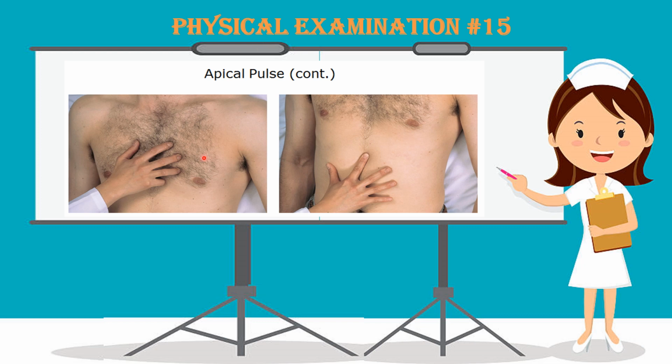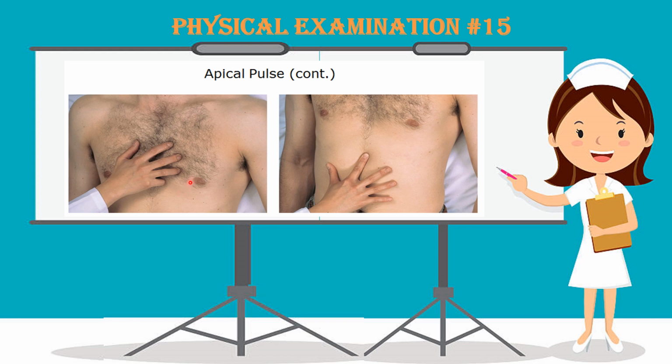The right ventricular area of the heart usually is located on the left sternal border in the third, fourth, and fifth intercostal spaces. The patient should rest supine at 30 degrees, and you place the tips of your curved fingers in the third, fourth, and fifth intercostal spaces and try to feel the systolic impulse of the right ventricle.